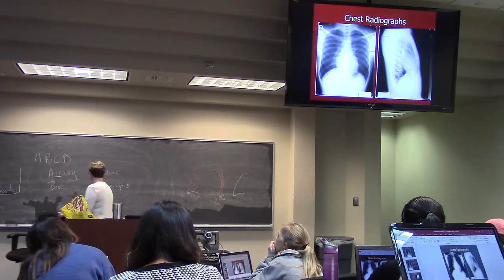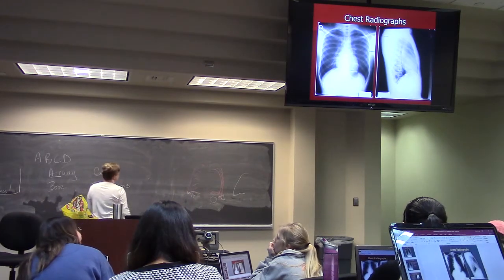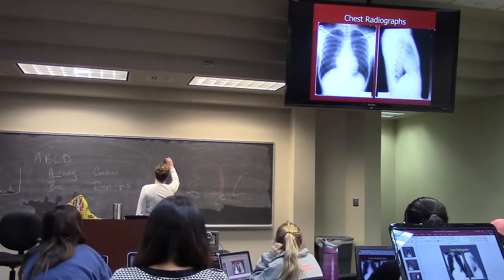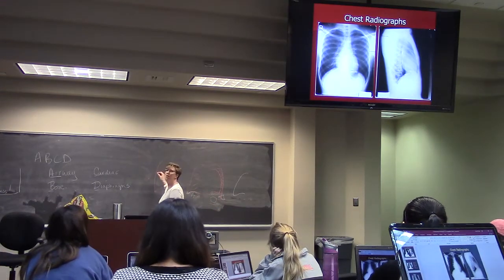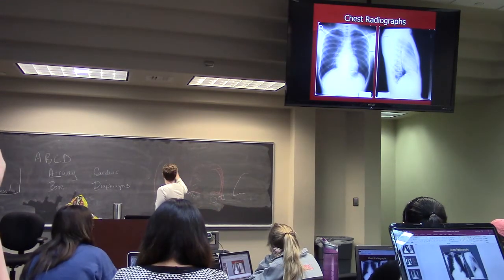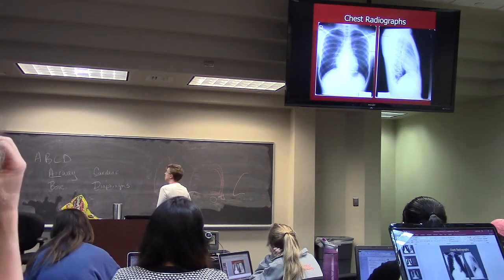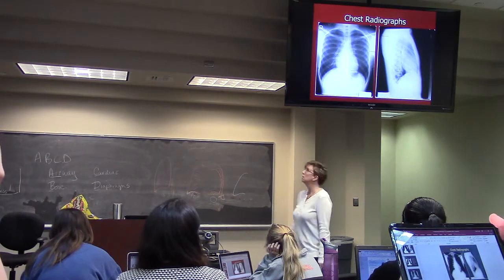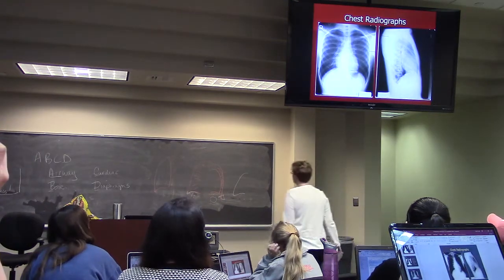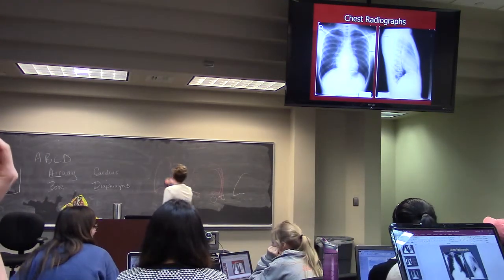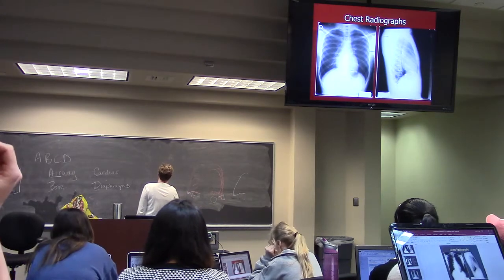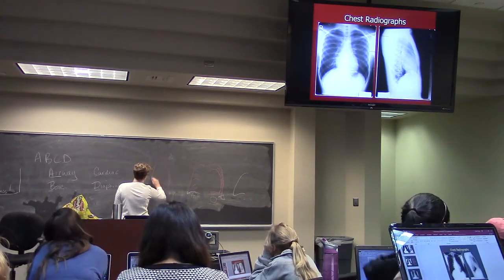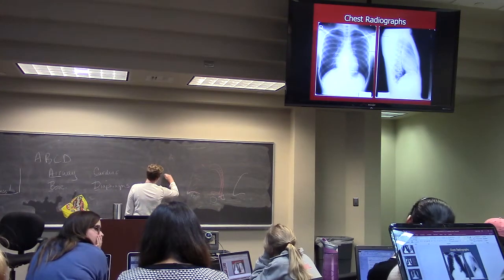If you did a lateral, right? Oh, let me do it the way you're looking at it. I'm sure you guys look at this. It doesn't matter. So this is your heart, right?